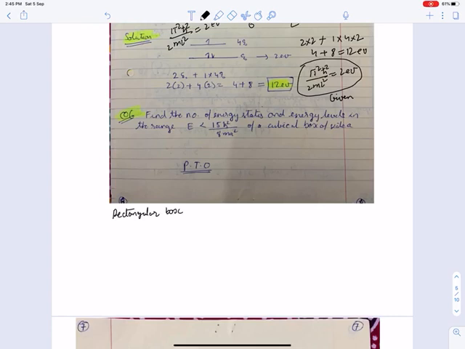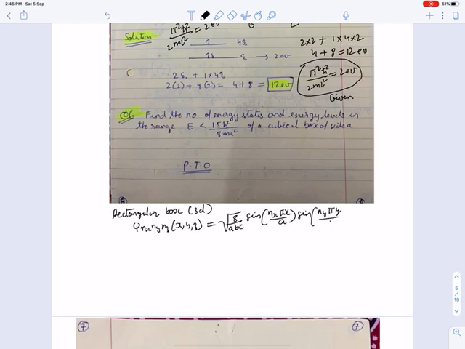Here psi will be given by nx, ny, nz. Remember this in 3D. psi(x, y, z) equals under root 8 upon abc, sine nx pi x by a, sine ny pi y by b, sine nz pi z by c.